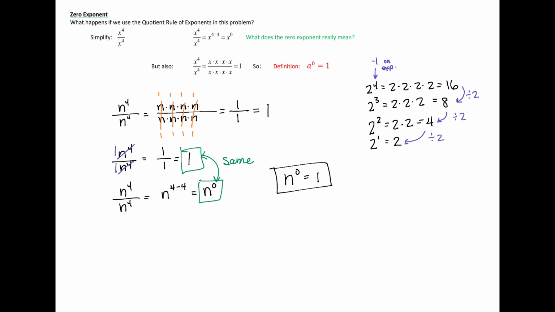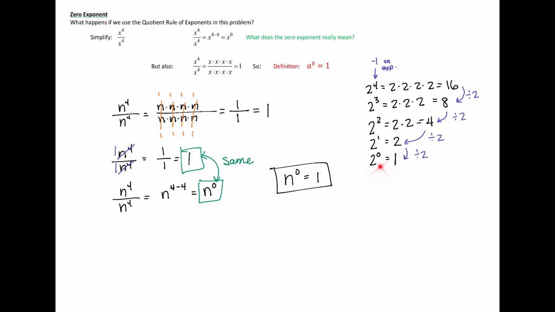Let's do another one. What comes after 1? 0. So over on this side, I need to divide by 2. What's 2 divided by 2? 1. So 2 to the 0 power is 1.